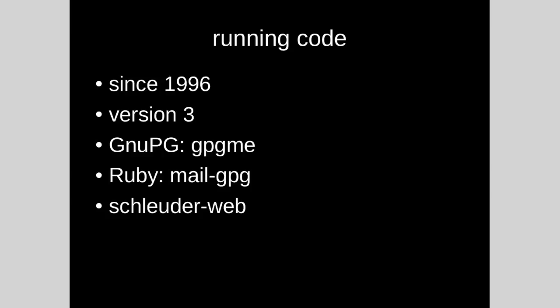Unfortunately, that seems to be still the major one for OpenPGP out there. It doesn't use GnuPG directly. None of you should do that. It uses GPGME, which is a pretty nice library from the GNU project for automated interaction. Schleuder itself is written in Ruby. It does use this Ruby gem called Mail-GPG. It's relatively straightforward to install on a recent Debian machine. It's in backports, so apt install from backports and you're done.